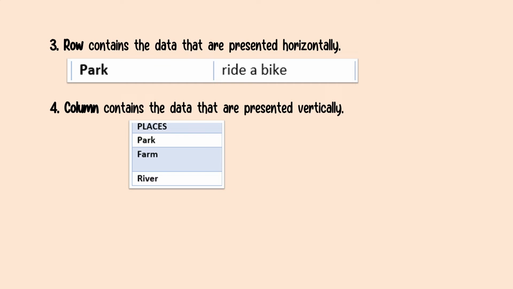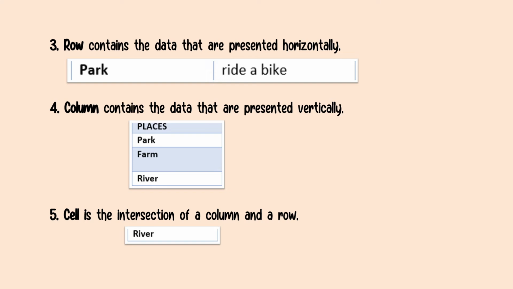For example, in the illustration, we have the places: park, farm, and river. And the last one is what we call cell. This is the intersection of a column and a row. For example, river, places. It's an intersection of a column and a row.